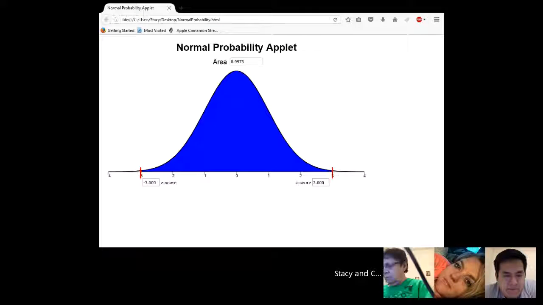Okay. Divided by 0.07. Oh, I got something weird. Okay, sorry, let me try it again. The z-score is 0.60 minus 0.65. Divide that by 0.07, right?